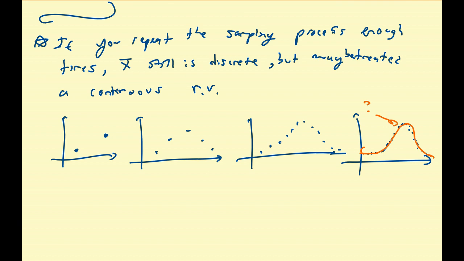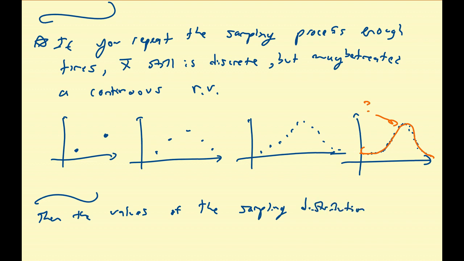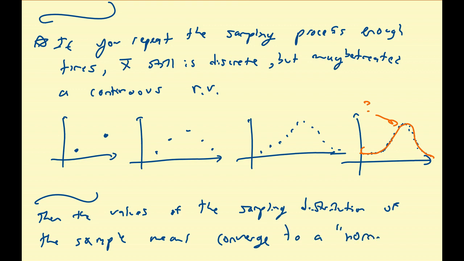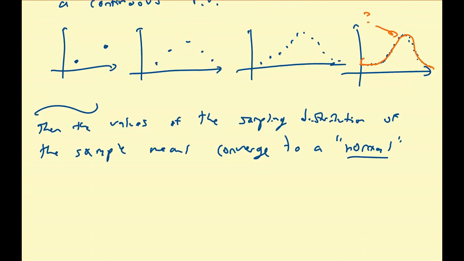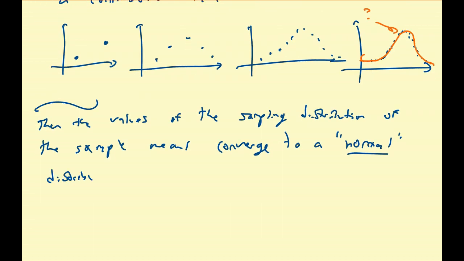Well, if that is the case, then the central limit theorem states this property. Then the values of the sampling distribution of the sample means converge to a normal distribution with mean mu.